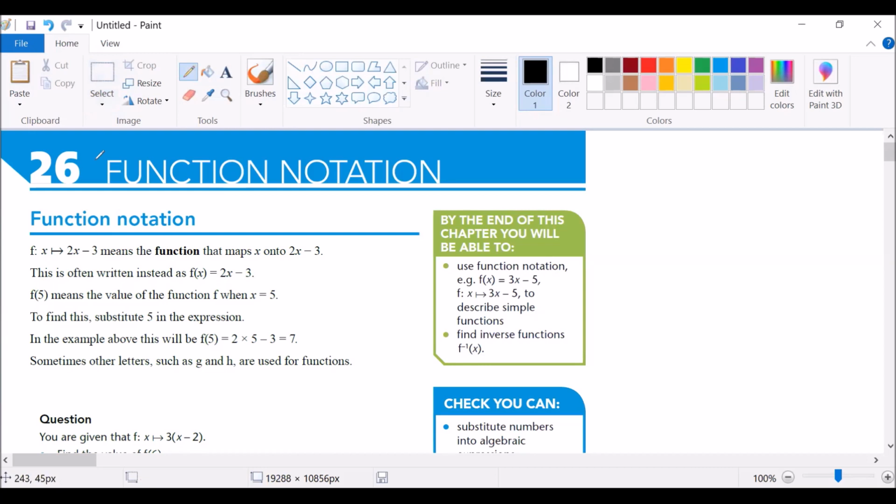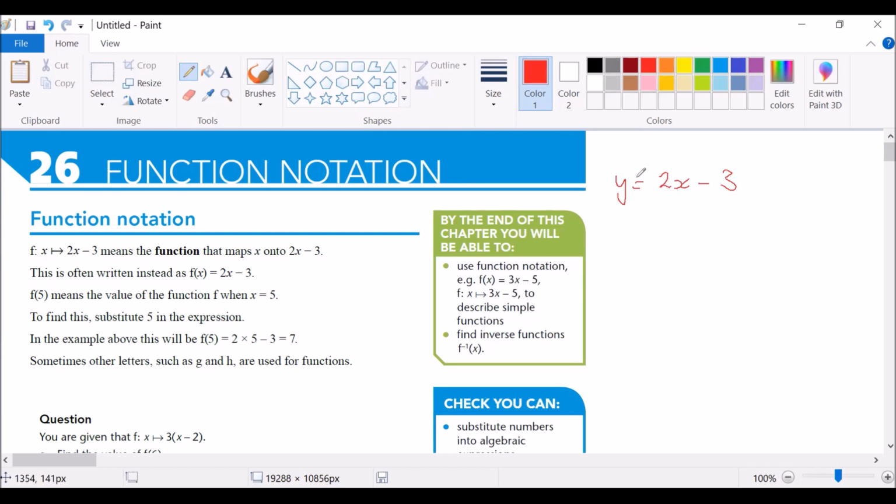Today we are looking at function notation for O-level mathematics and IGCSE. Now, function notation is another way of writing a function. If we have y is equal to 2x minus 3, to get y, we have to have an x value.